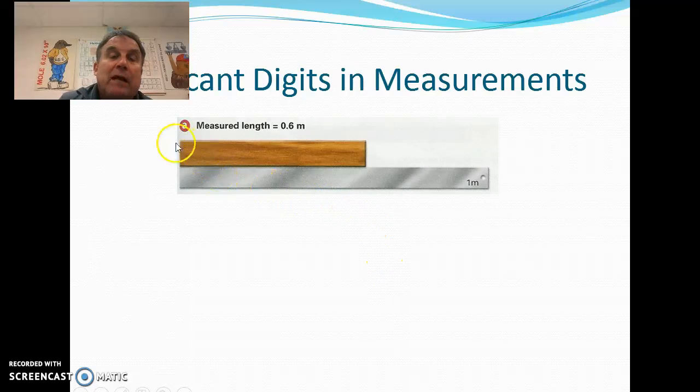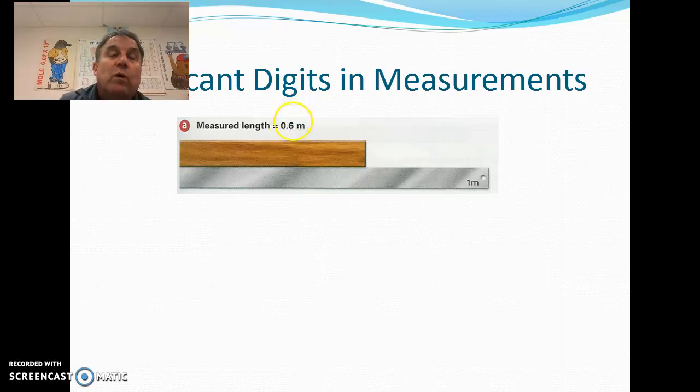Back to this illustration we used before, if I have a meter stick with no markings on it, and I have a stick here that I'm trying to measure the length of, I can see that it's about halfway, a little past halfway. So I have zero certainty on its length, but I can estimate that it's about 0.6 of a meter.